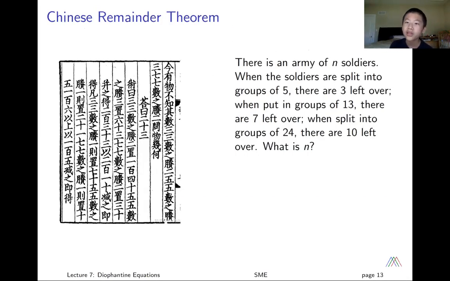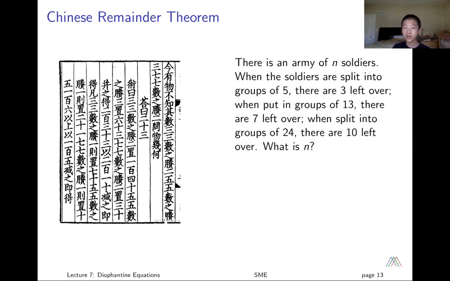Next slide. Now for the Chinese remainder theorem. This is just a more general and usually quicker way to solve these. It's not necessarily quicker for smaller numbers like the examples we had. It's usually easier to just try.